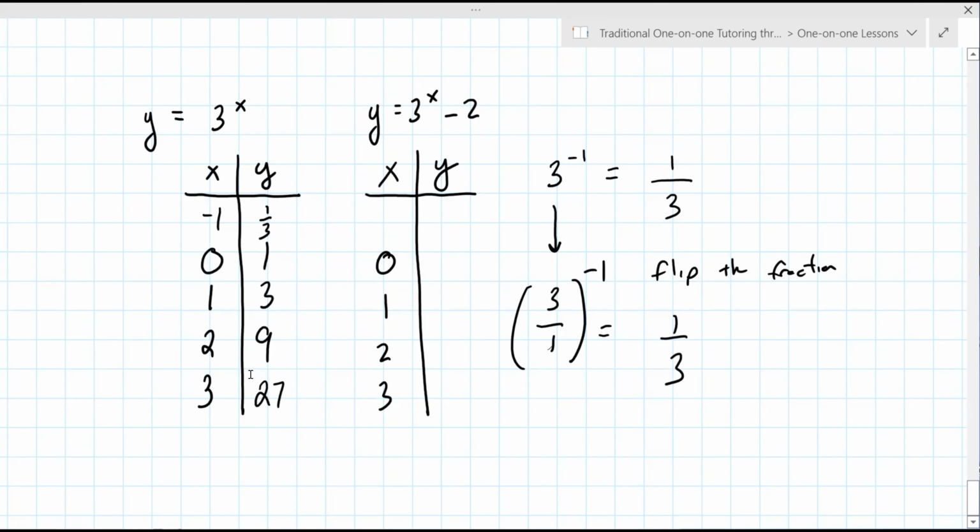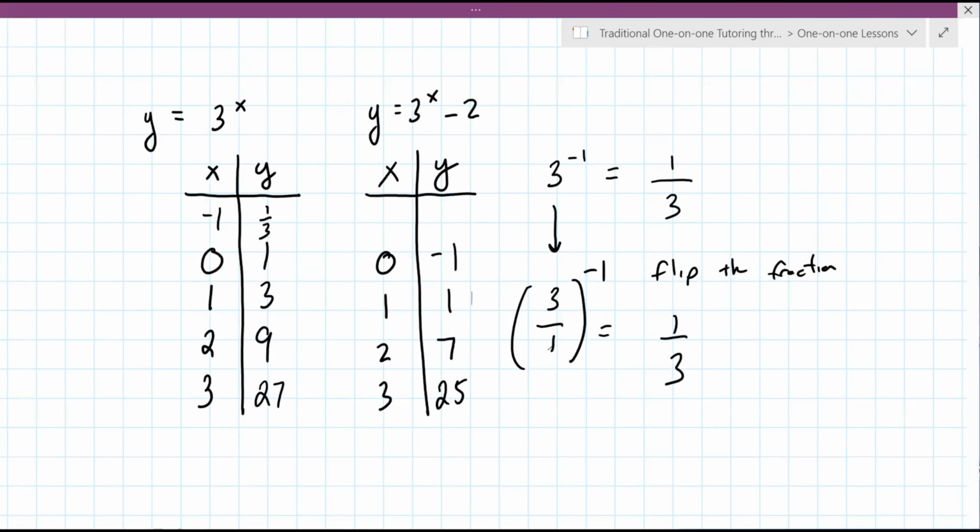So sometimes it's easier to start with the big numbers. What's 27 down 2? 25. Good. And 9 down 2? 7. Okay, keep going. 3. 1. And 1 down 2? Minus 1. Good. We'll have to save fractions and stuff like that for next time.